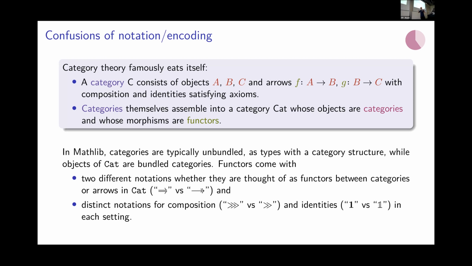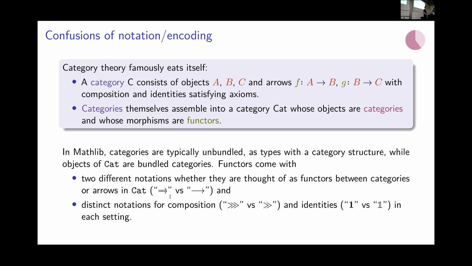You can write them both between two categories, and they both type check and they're equal, and sometimes you get a goal that has half of them being bold arrows and half of them not, and now none of the simp lemmas apply, so you have to do some messy rewrites in order to find and fix all of those. Generally speaking, Mathlib prefers the unbundled stuff for these categories.